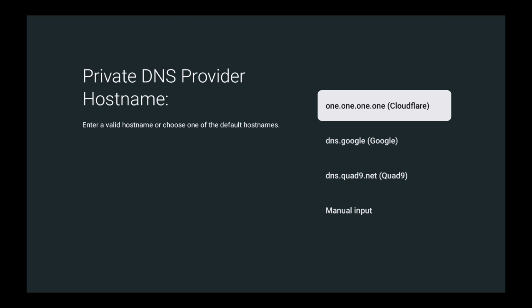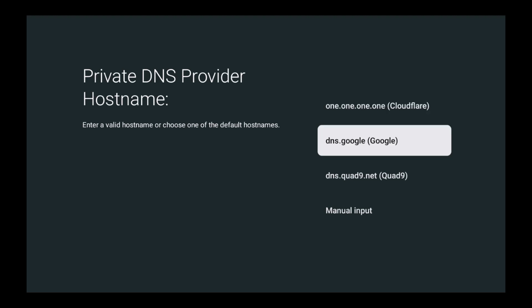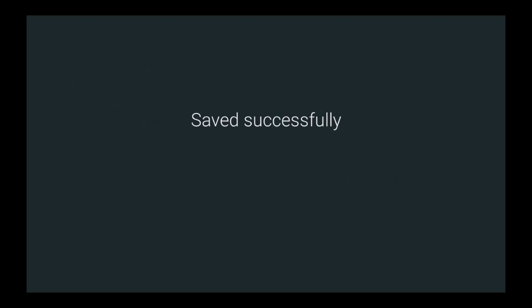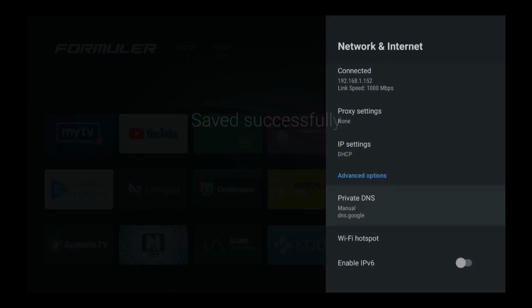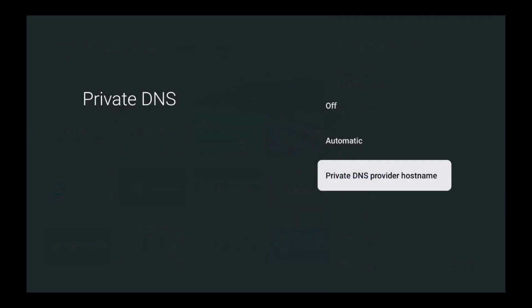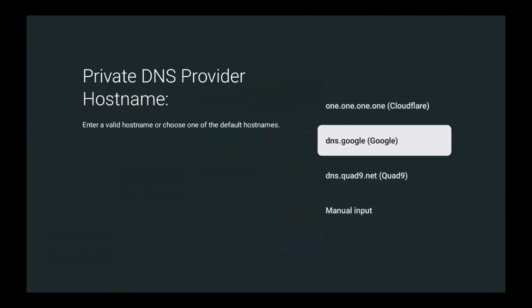But 1.1.1.1 is something called Cloudflare. Many people know who that is. I remember Google DNS, the 8.8.8.8 and 8.8.4.4. You can definitely use that if you want. It's already built into the device. That's not what I'm going to use because I'm not going to change it there.